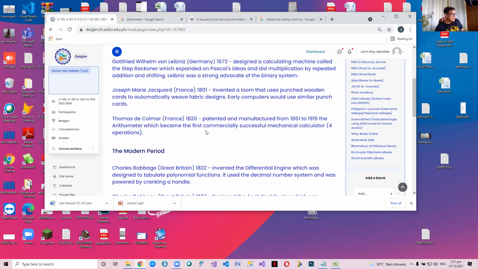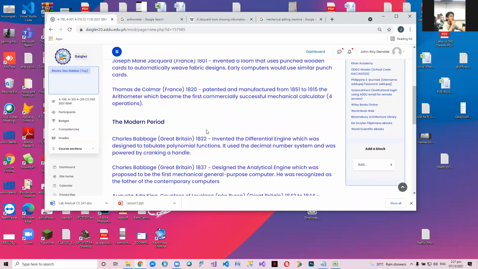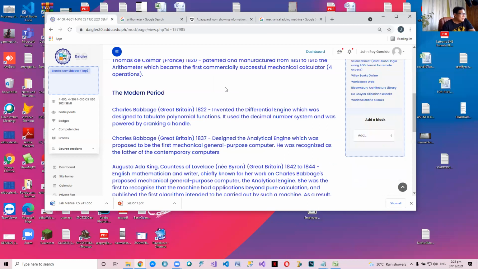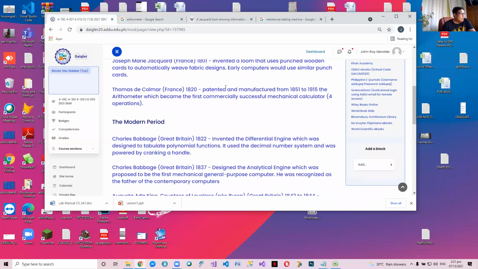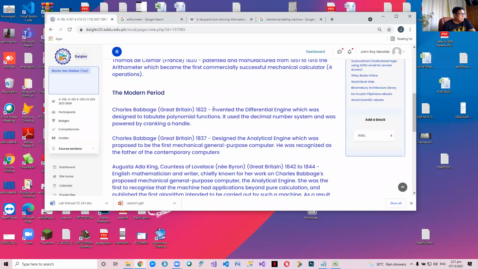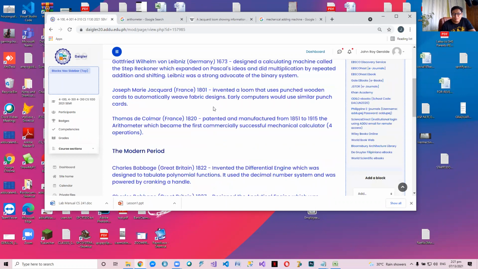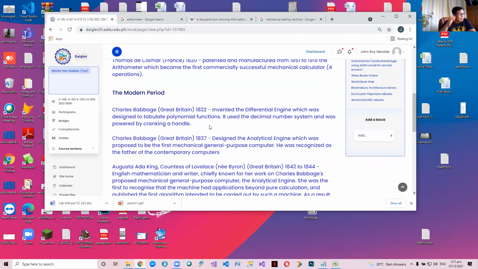Now, all these inventions triggered other people, particularly other scientists, to discover other inventions. A very important invention came in 1822 in Great Britain. Now, if you were asked, who invented the first computer? Charles Babbage. He is recognized to be the inventor of the very first computer. The first invention he did was not a computer. It's called a differential engine.